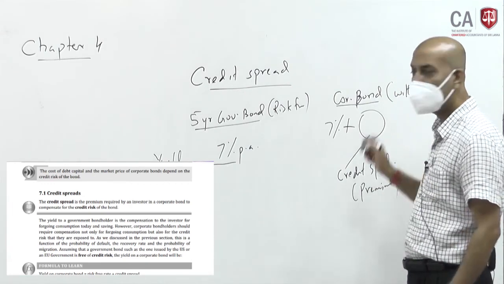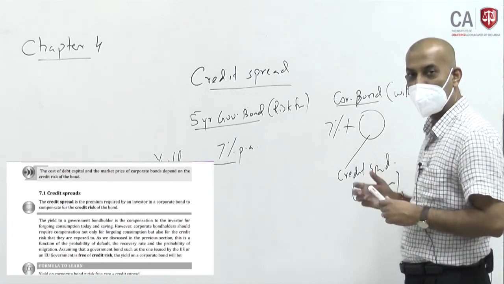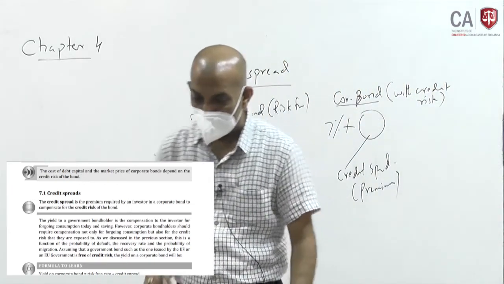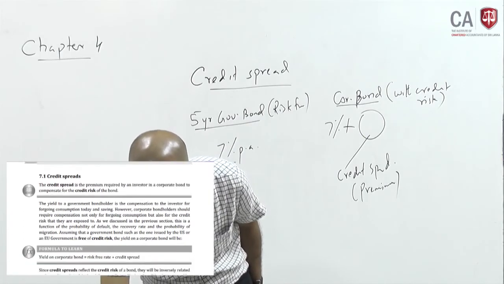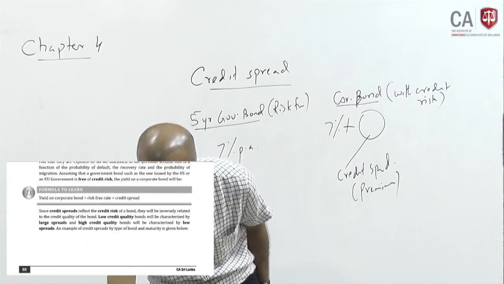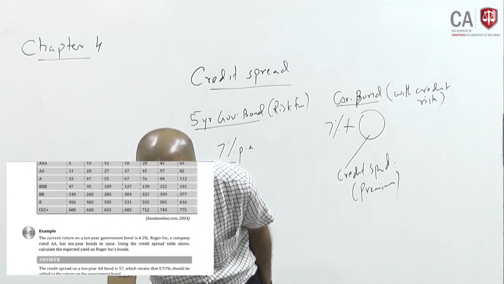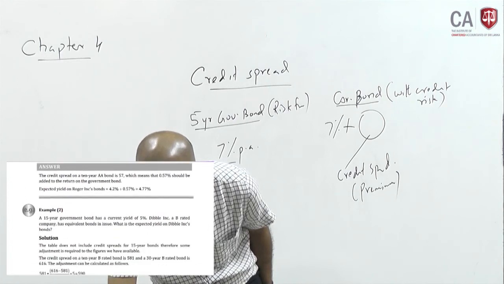In order to invest in this corporate bond, how much extra do you want? That is the credit spread, the premium. That's basically explained here. Risk-free rate plus credit spread equals the yield on a corporate bond. That is a table and example. You can look at it.